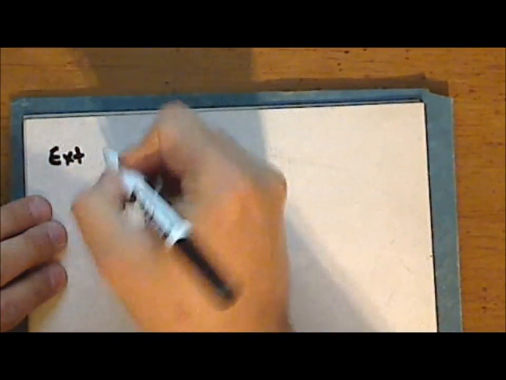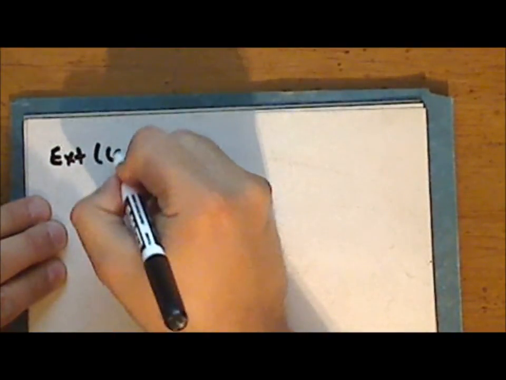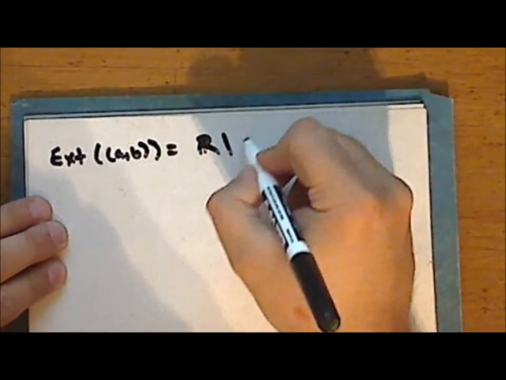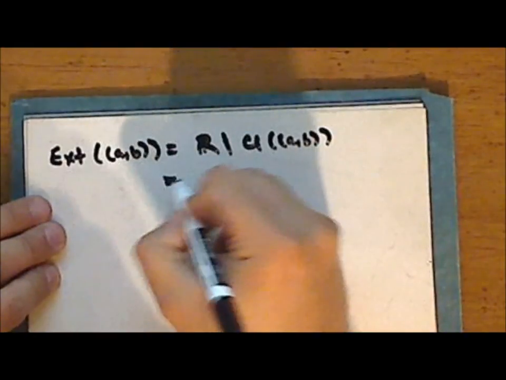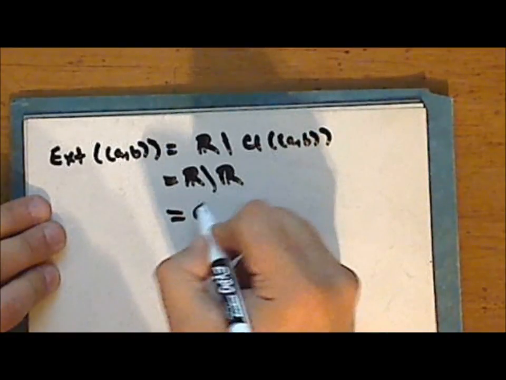So now the exterior of the interval is the complement of the closure of the interval. So this is the complement of the entire set of reals in itself, which is the empty set.